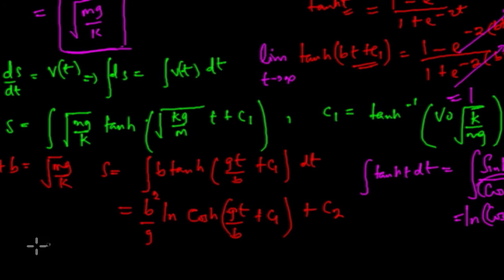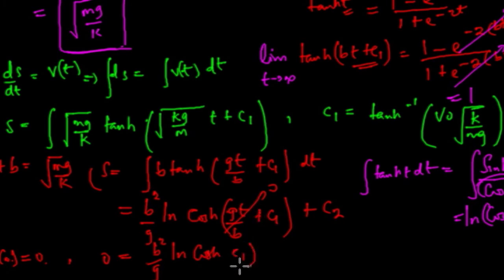But then we're given the initial condition that s, the distance at 0, is 0. So implementing that, this is our s now. When s is 0, t is 0, so this goes to 0. So we now have b squared all over g, the ln of the cosine of c1, plus c2.